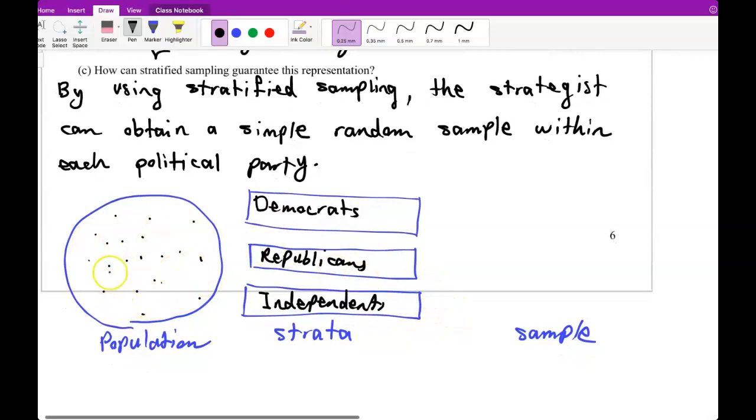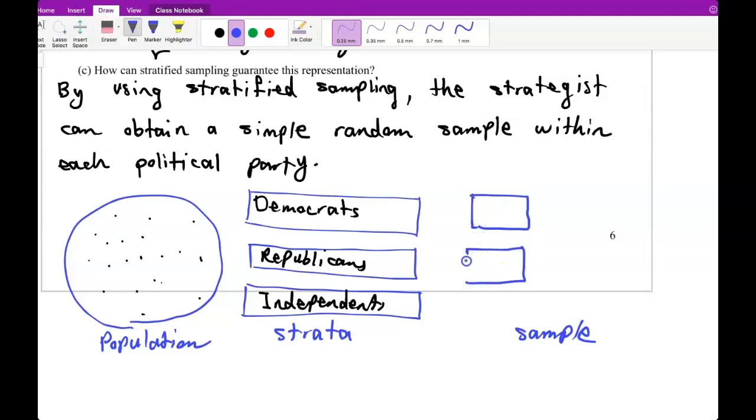So what that means, depending on how many individuals we have here, we divide this population into 3 groups. We don't know how many we have in each group, but when we select our sample, from each one we select the same number of individuals.